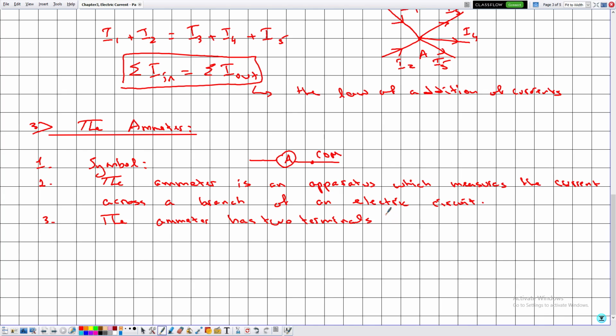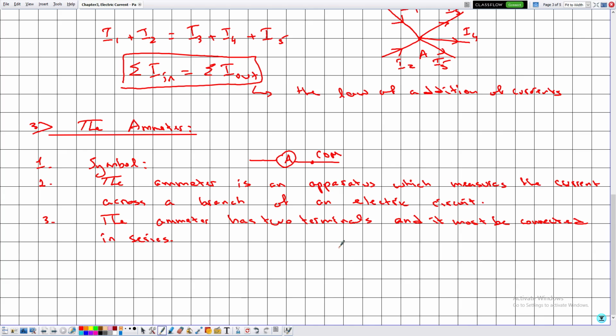So idea number 2, I'm saying that the ammeter is an apparatus which measures the current across a branch of an electric circuit, because if the circuit consists of several branches, each branch will be traversed by a different electric current, and this is reasonable from the law of addition of currents. The ammeter has two terminals and it must be connected in series. Why must the ammeter be connected in series?